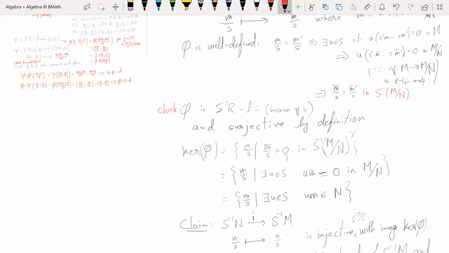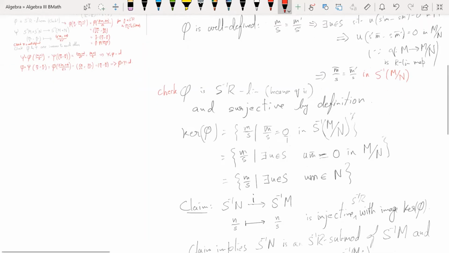where U is some element of S. Remember, M mod N is also an R module, so U times M bar makes sense. And what does it mean to say U times M bar is 0 in M mod N? That precisely means that U times M bar is just UM bar, that is how the R module structure is given.